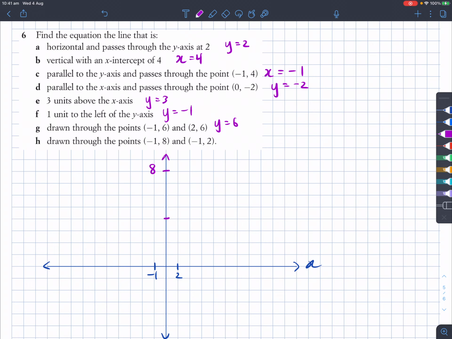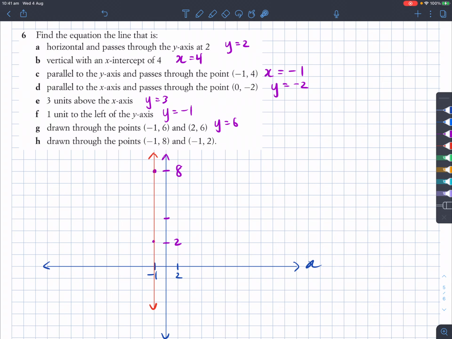So this is 8 units upwards, and I have a coordinate which is 1 to the left and 8 upwards, so that will be here. Whereas my other value is 1 to the left and 2 up, so that will be here, right? Now I have a line that actually joins up those two dots, like that.